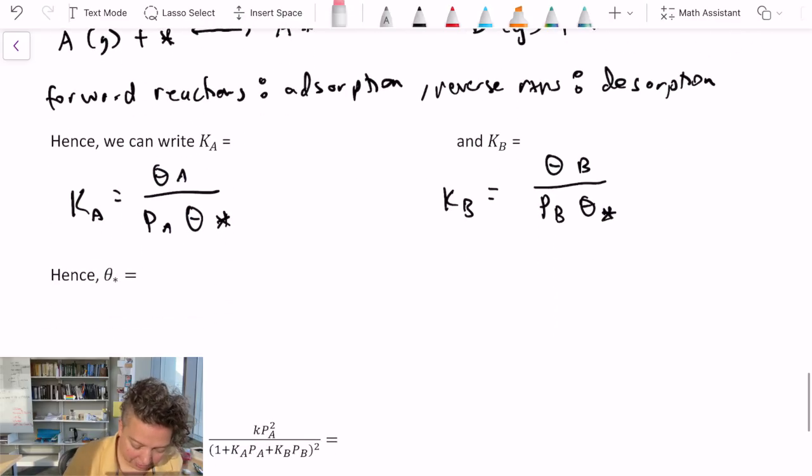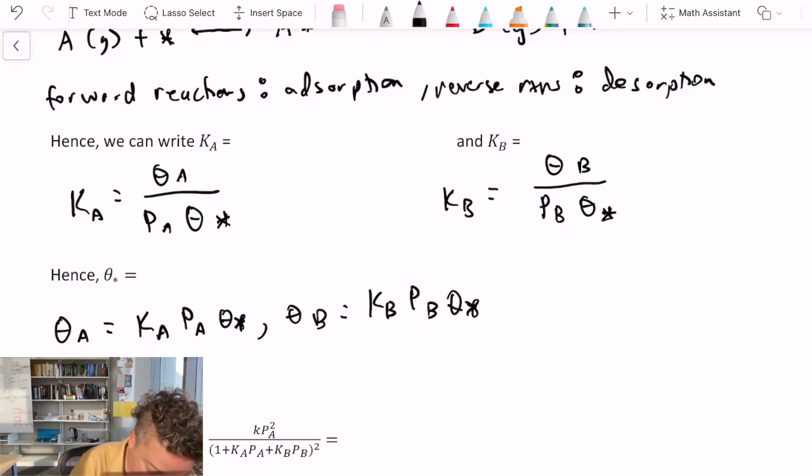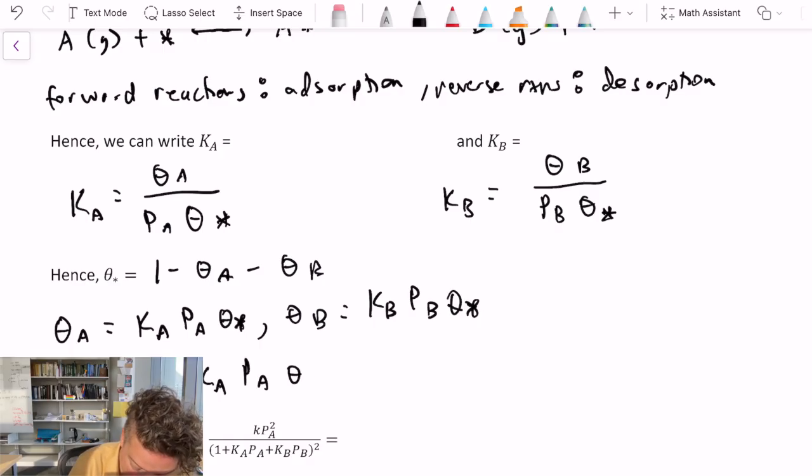The nice thing about this is it allows me then to write expressions for theta_A and theta_B. So theta_A is going to be equal to K_A P_A theta star. Theta_B is equal to K_B P_B theta star. We know that theta star is equal to 1 minus theta_A minus theta_B. Therefore, theta star is equal to 1 minus K_A P_A theta star minus K_B P_B theta star.